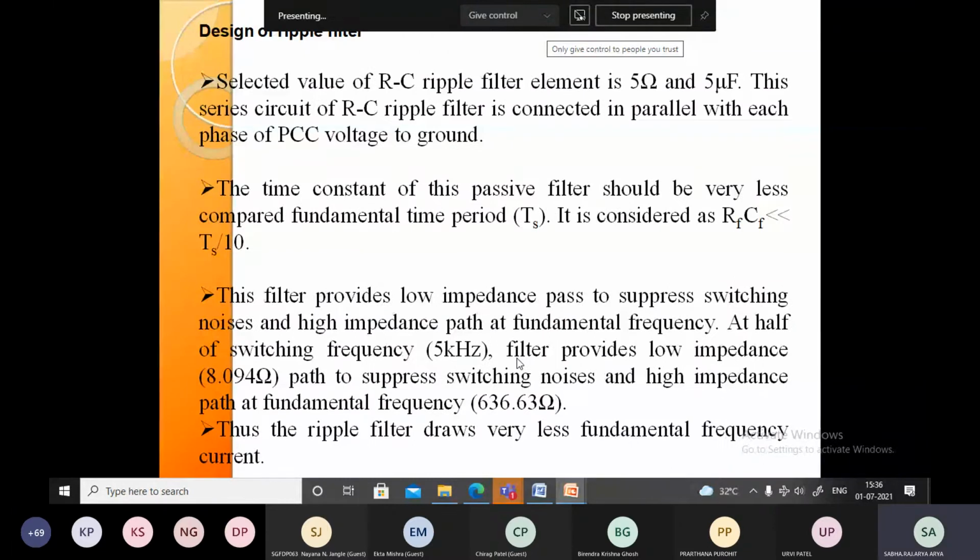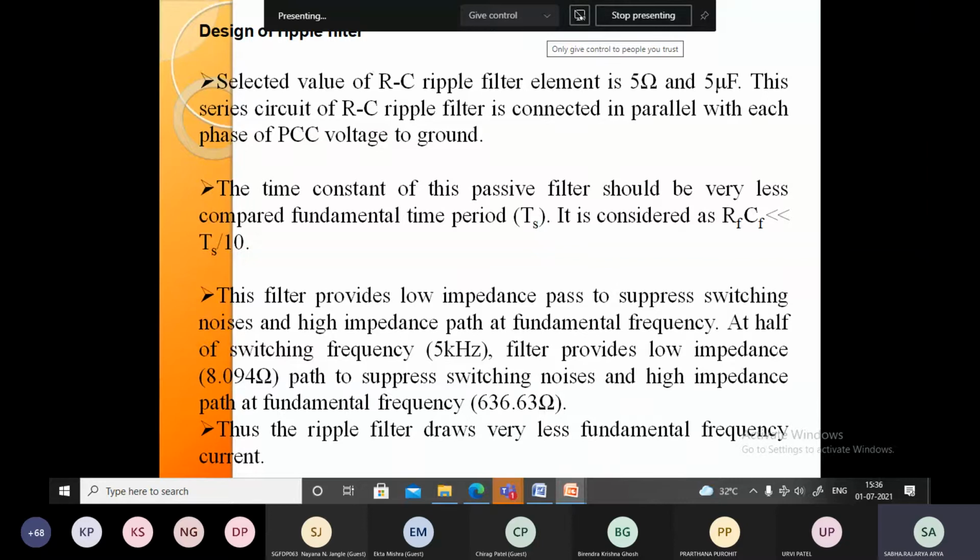Then selection of RC filter. Basically this RC filter is going to provide a low impedance path during converter operation. Simply you can see R plus jXC, where XC equal to 1 by 2 pi F C. If F is going to increase, the value of XC is going to decrease.